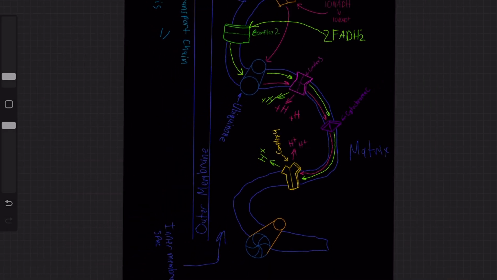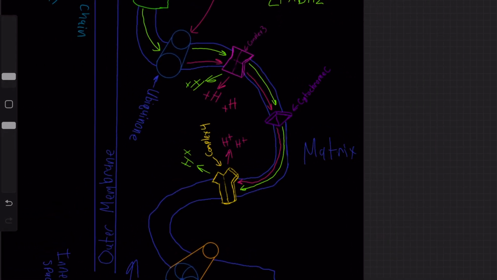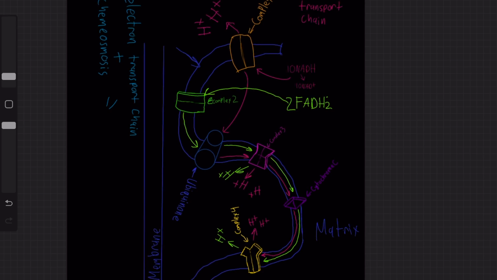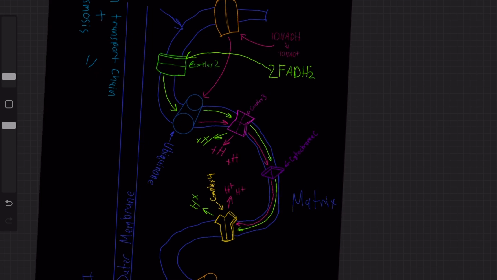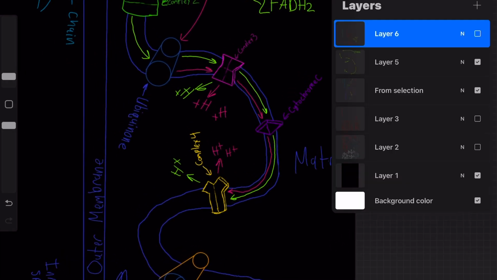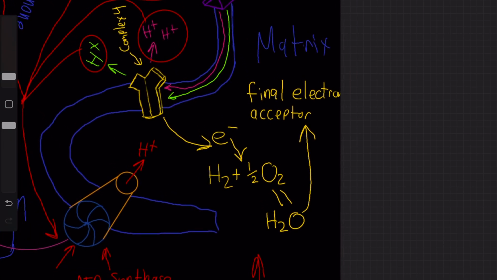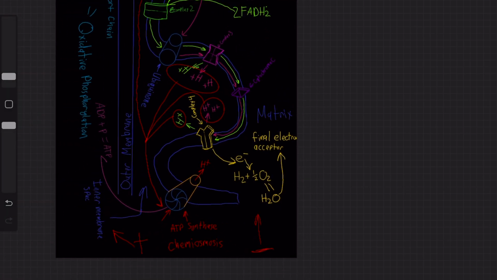So for FADH2, the only 2 complexes shooting hydrogen ions are 3 and 4. And for NADH, the only 3 complexes shooting out hydrogen ions are complex 1, 3, and 4. The electrons at complex 4 are then sent to the final electron acceptor, which is oxygen, forming water. And that is it for the electron transport chain.